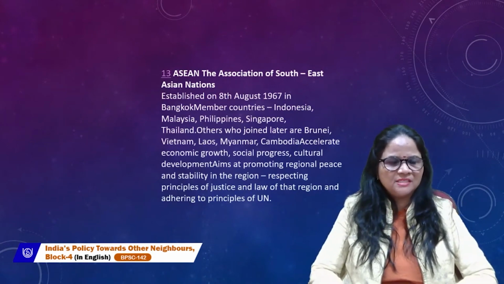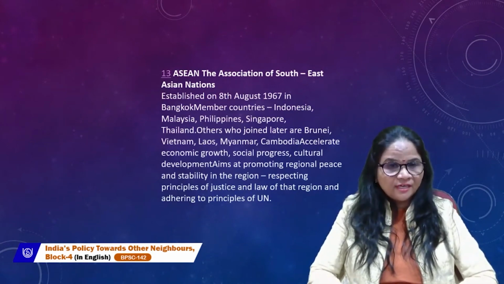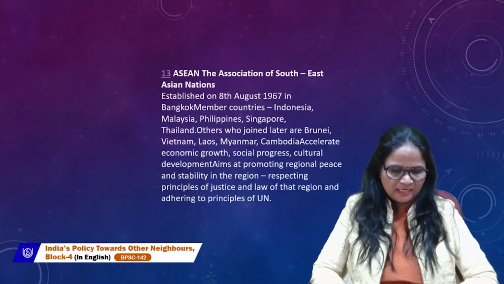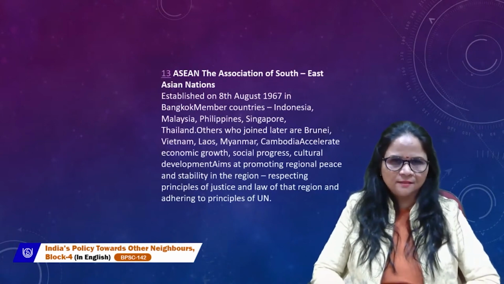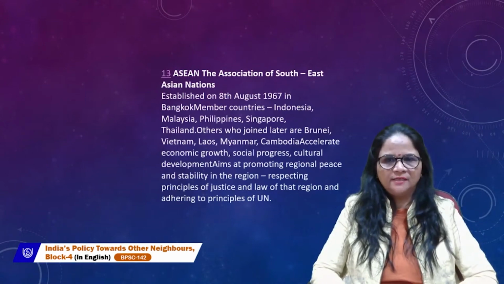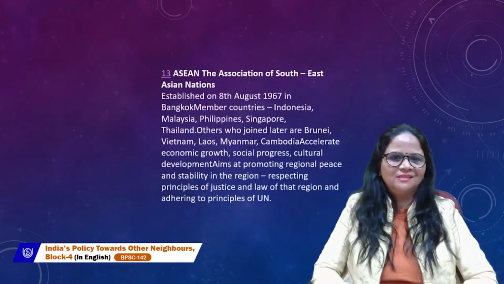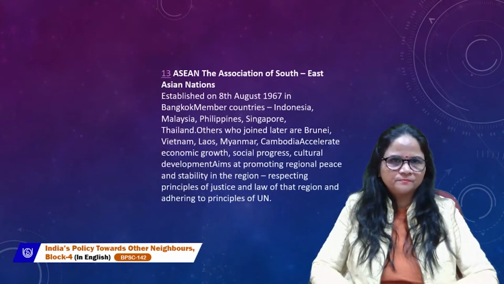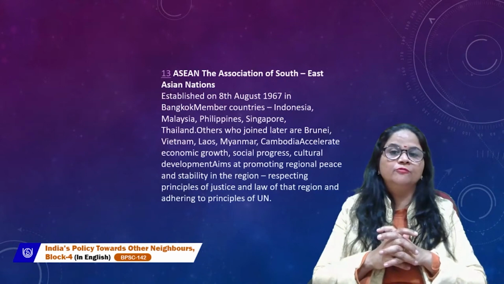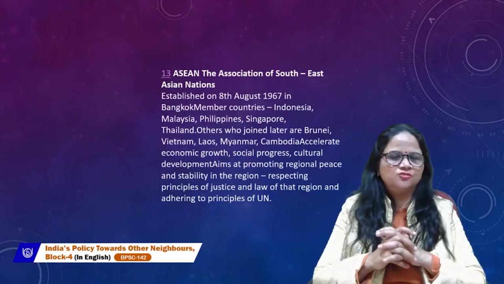What type of stability? That no country disturbs the region without any important reason, respecting the principles of justice and law of that region and adhering to the principles of the UN. This is ASEAN, the Association of Southeast Asian Nations.